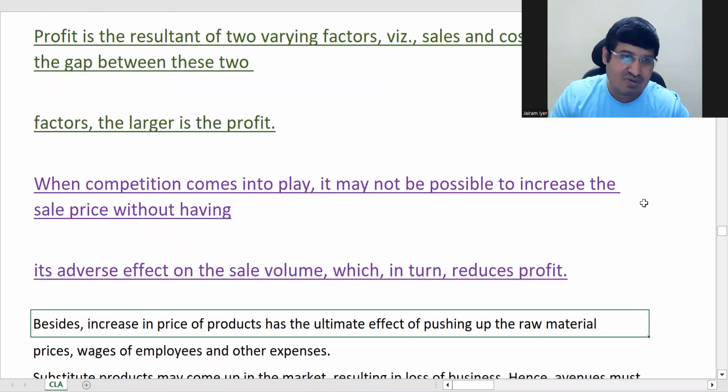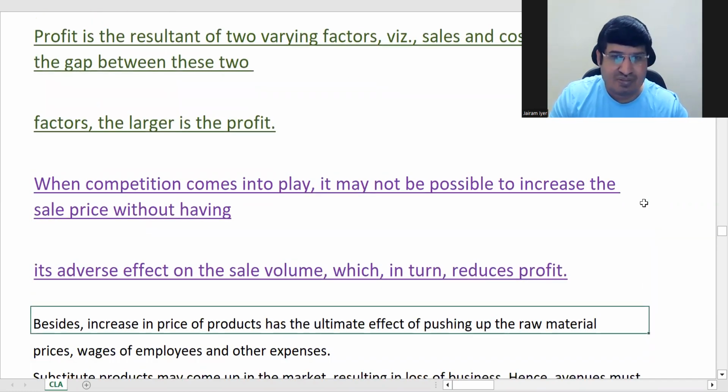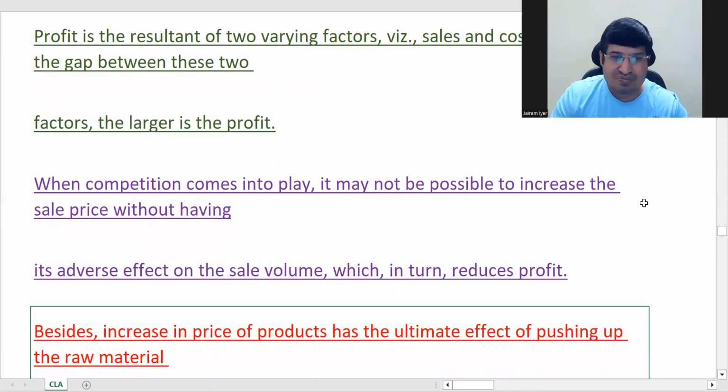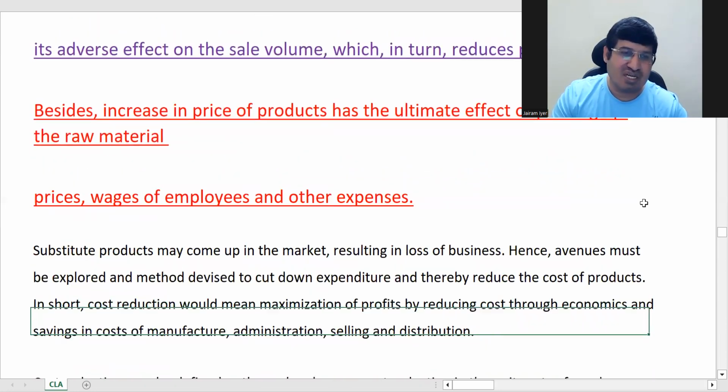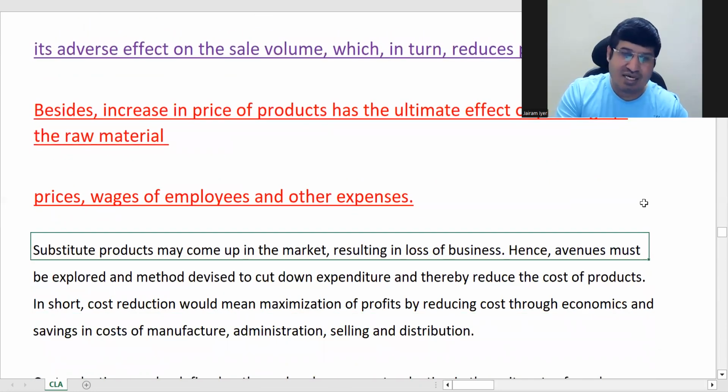Which is why it is always a better idea to work with your cost than with the selling price.